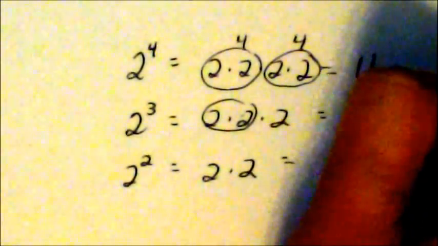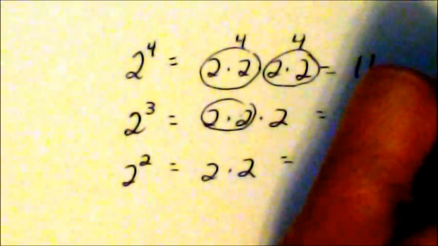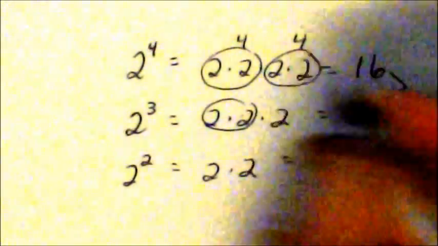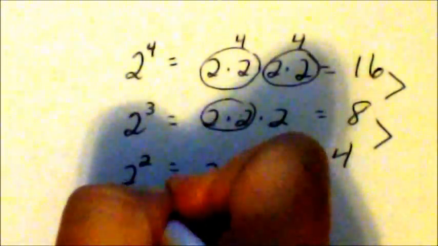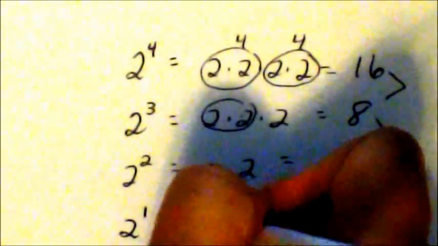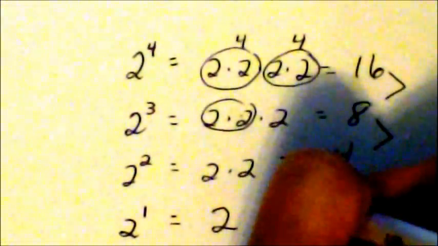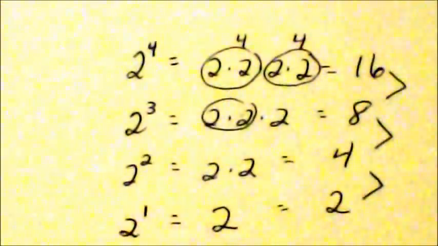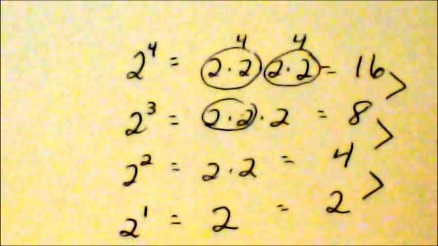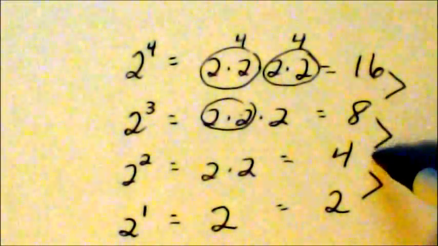Now what I'm wanting you to see is over here. What's happening over here? There's a pattern that's going on over here. 2 to the 1st power just equals 2, right? What's happening over here? It keeps dividing by what?